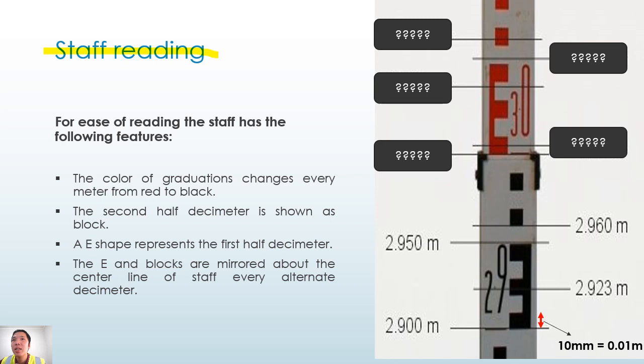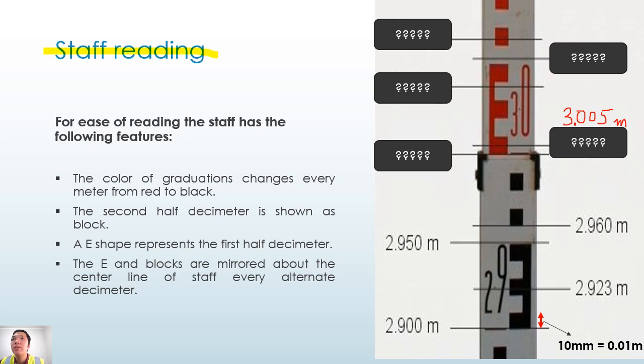So if your center crosshair is somewhere in between the first block here, one full block here is 10 mil, so you add 5 mil to that level, so you're going to get 3,005 millimeter or 3.005 meter.